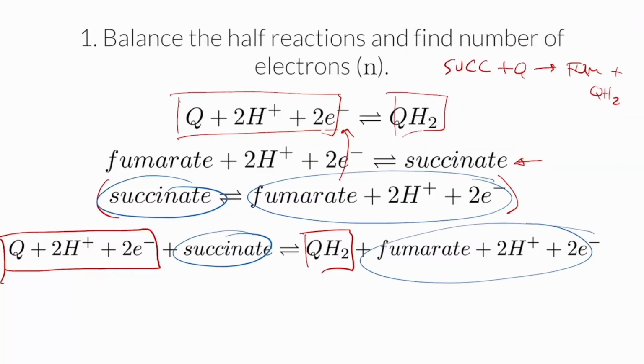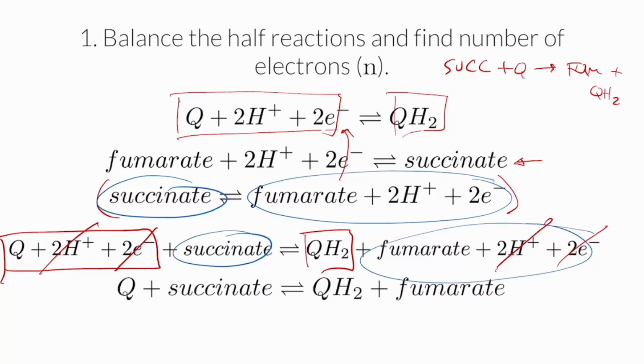So we've combined those reactions. We also now notice that the protons cancel, the electrons cancel, and we end up recovering our reaction, right? I had it up here at the top, but basically succinate plus Q goes to fumarate plus QH2. So we've recovered our reaction with our half reactions.